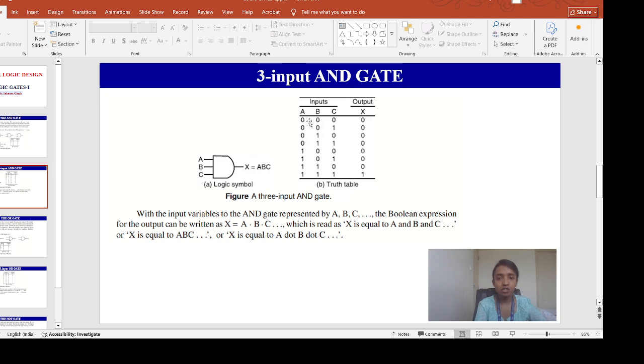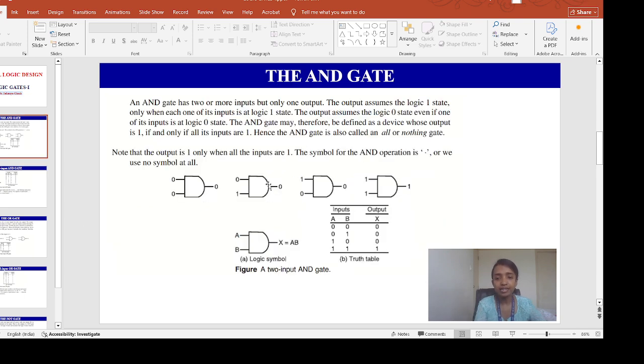If you multiply the inputs, the output is 0 for every combination except 1, 1, 1, which gives 1. With the input variables to the AND gate represented by A, B, C, the Boolean expression for the output can be written as X equals A dot B dot C. And if you notice one thing here, the output is logic 1 only when all the inputs are 1.